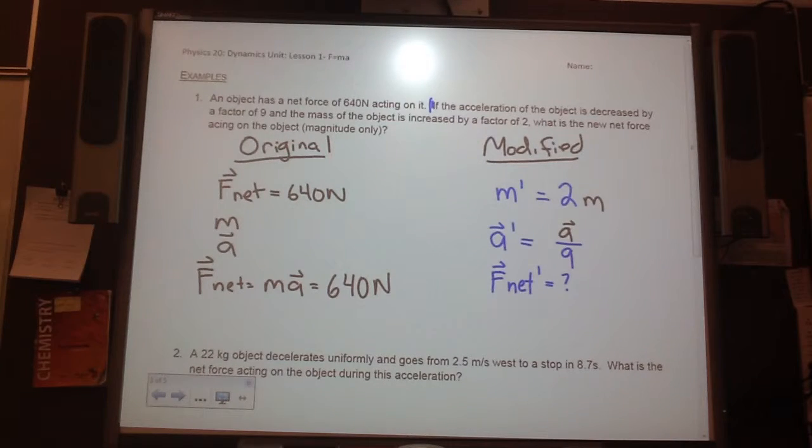I don't know if I gave you enough space here. Do you guys still have some space for writing things?